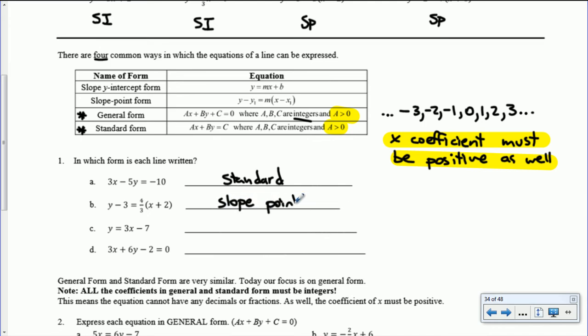This one, y is on its own, there's nothing in brackets, so that'll be slope-intercept. And this last one would be general because it's got a positive coefficient on x, everything's an integer, and it's equal to 0. So that is general.